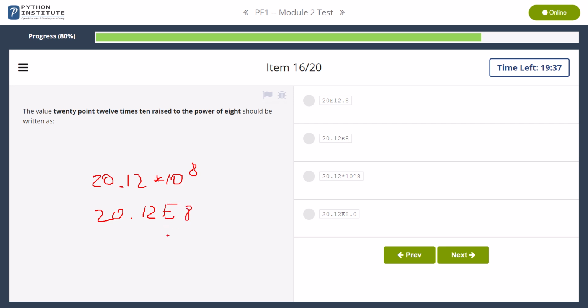And this could be capital E or small e as well, I believe. So let's take a look. This looks like a correct answer. The only other one which kind of makes a little bit sense is this one, but you cannot use float as the indicator of the to the power of. There is the float part, and there is the exponentiator part. So that has to be the right answer.